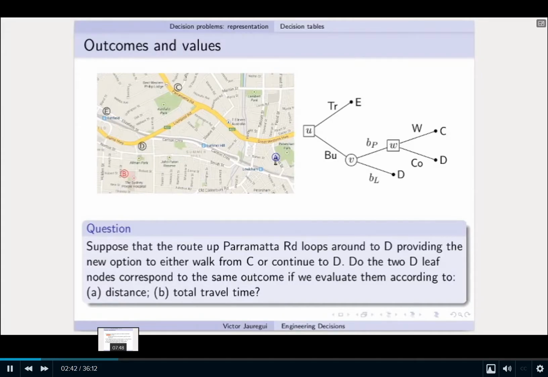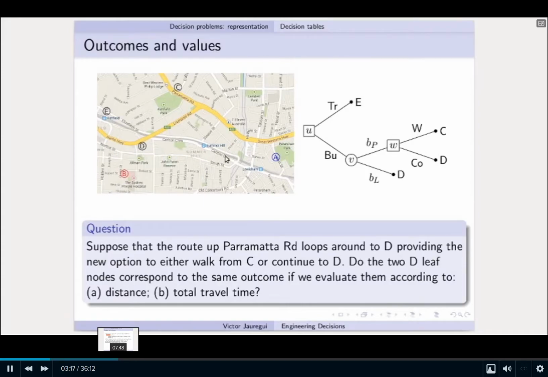So if you choose to catch the bus and the bus ends up going up Parramatta Road, you might get off at C, but you might stay on the bus until it travels all the way around to D. Now, in terms of the distance between the point where you get off and our destination B, going up Parramatta Road has exactly the same distance if we get off here as if the bus went down Liverpool Road in the first place.